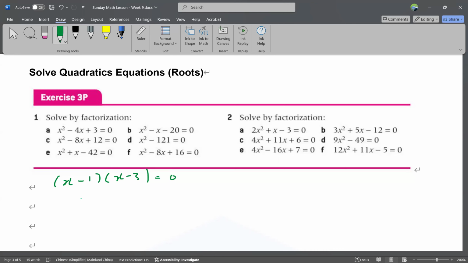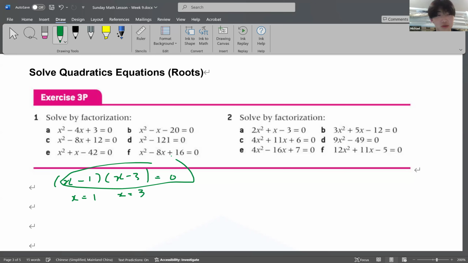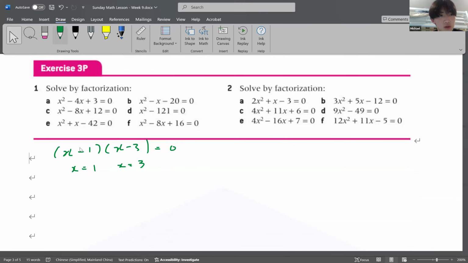And then what did you get for the solution? x minus 1 times x minus 3 equals 0. Yeah, that's the factorization and the solution. So what does x equal to? Oh, x equals 1 and x equals 3. Yeah, so this is called the solution. Okay, this is your step after you factorize. So what does the solution mean? I think Hannah, you know this, but Adriana, I'll remind you.